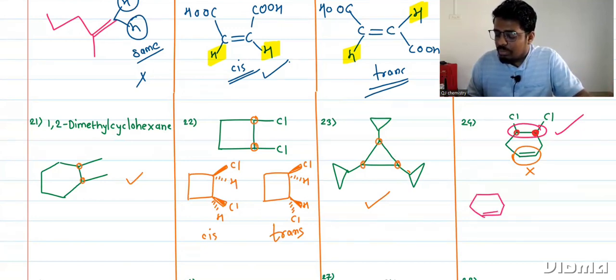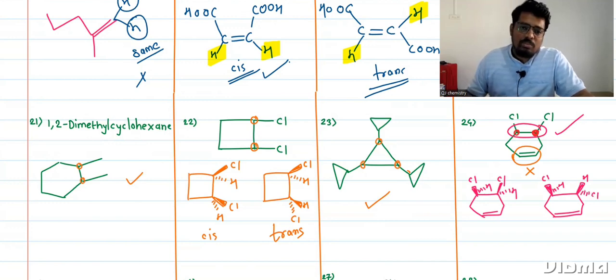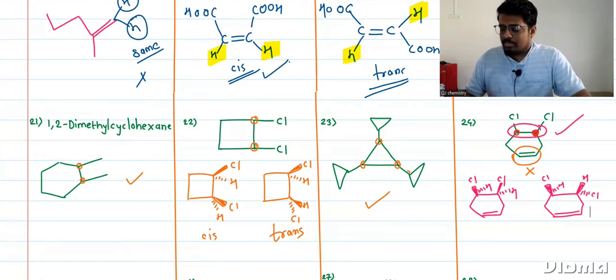Two chlorines above the plane, both chlorines above the plane, is known as cis, right? And hydrogens below the plane. In the second case, one chlorine above the plane, one hydrogen above the plane, and one chlorine below the plane. That is trans, right? Yes.